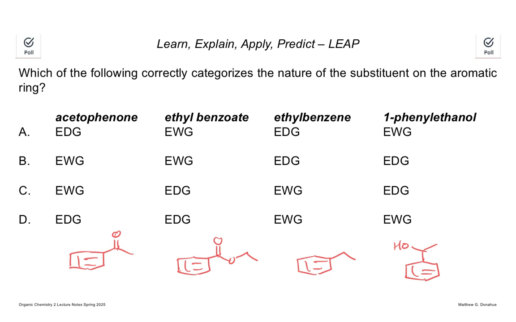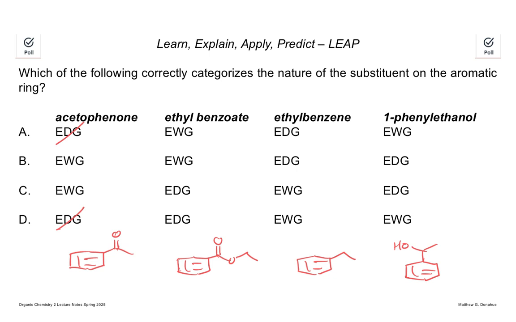So if we start with acetophenone, how does the carbonyl group affect the ring? It's withdrawing, so we can eliminate A and D. From the ketone to the ester, we're going up in oxidation state, changing the functional group.